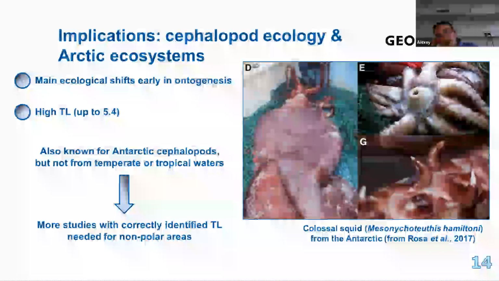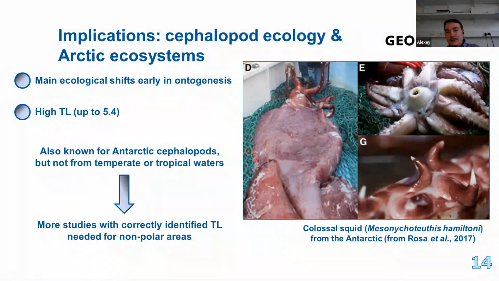We can say right now that cephalopods on the poles indeed have higher trophic levels than they do in temperate and tropical ecosystems, but we need more studies from non-polar areas of other oceans, Atlantic and Pacific, where trophic level of cephalopods has been identified correctly.